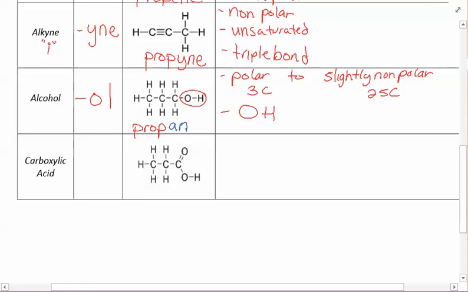And then the last part is the alcohol. So this is propanol. The AN comes from being an alkane. The OL is what tells us it's an alcohol. So there's kind of 2 parts to it.